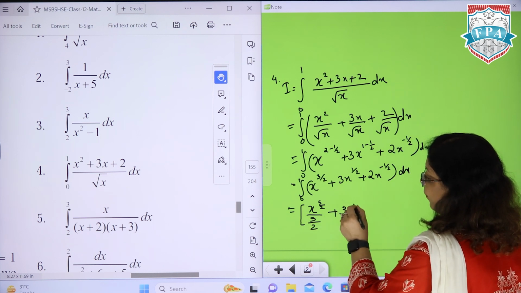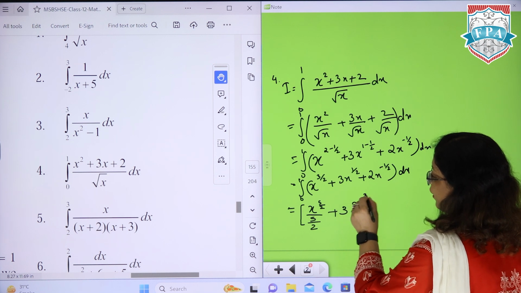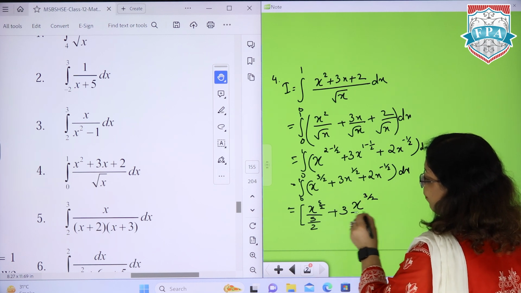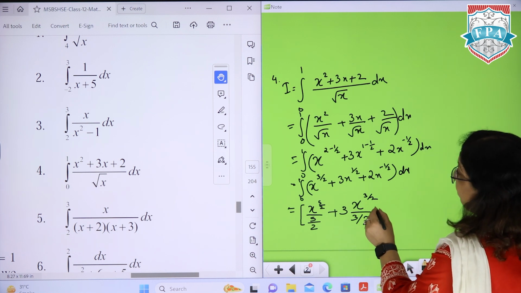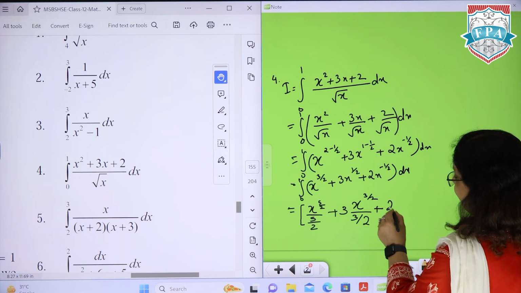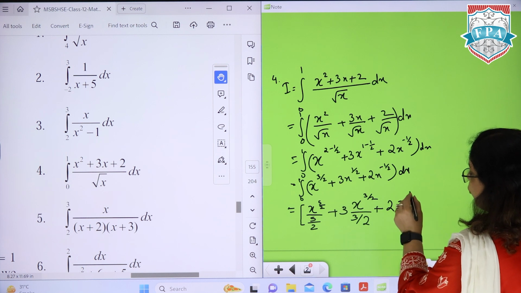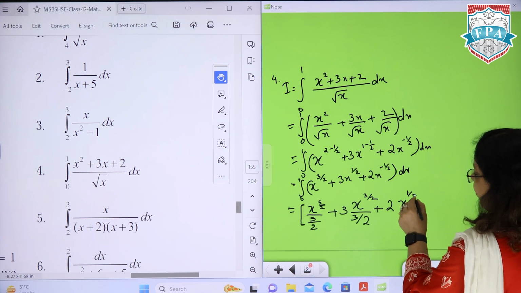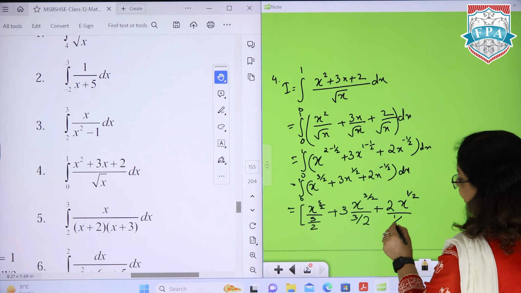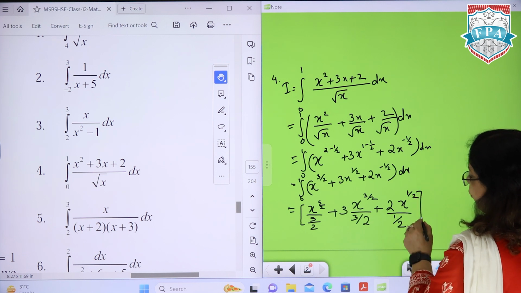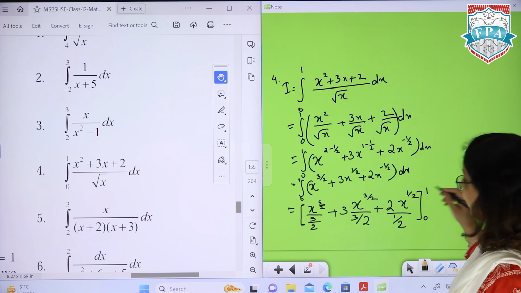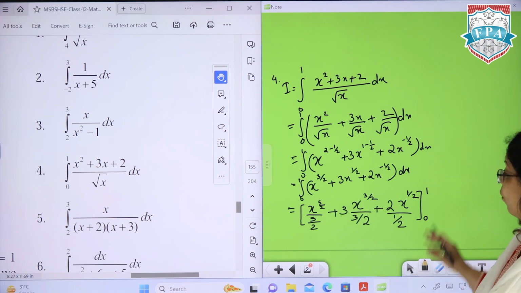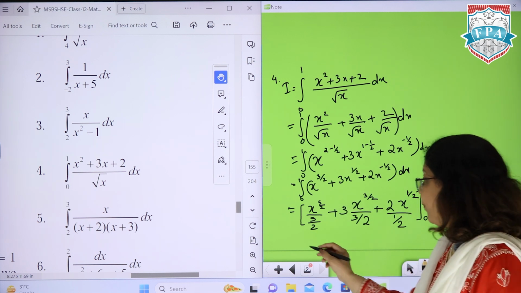Plus 3, 1 by 2 plus 1 is 3 by 2 upon 3 by 2, and then plus 2, x to the power minus 1 by 2 plus 1 by 2 is 1 by 2 and the denominator is 1 by 2. Put the square bracket, write the lower limit below and the upper limit above. Now we'll substitute the values.